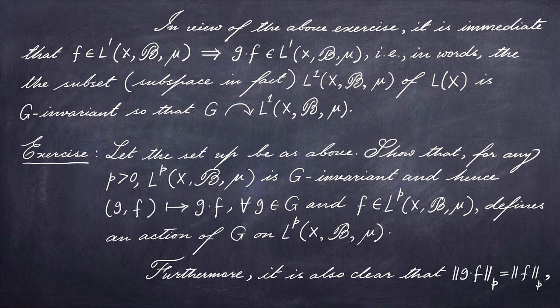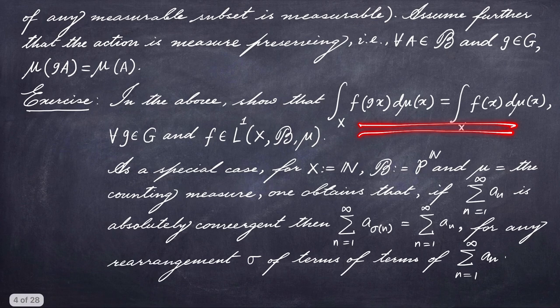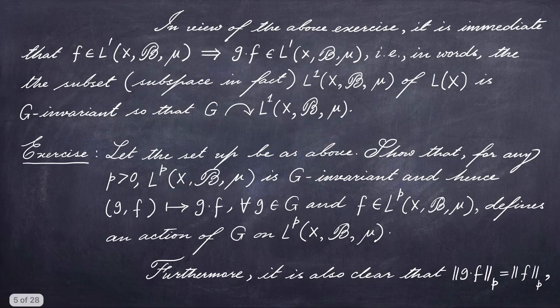Remember that LP is the collection of all measurable functions such that this is finite. Again from this it follows that if f is in LP, then certainly gf is also in LP. So thus LP has a natural action of G.